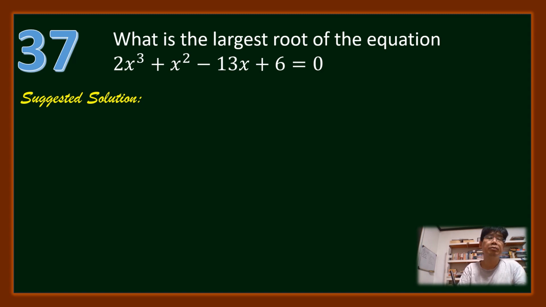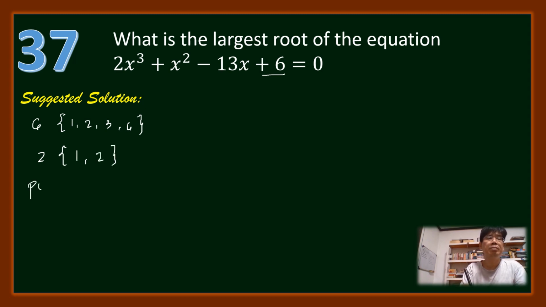From the rational root theorem, the constant term is 6, and its factors are 1, 2, 3, and 6. The coefficient of the leading term is 2 and its factors are 1 and 2.